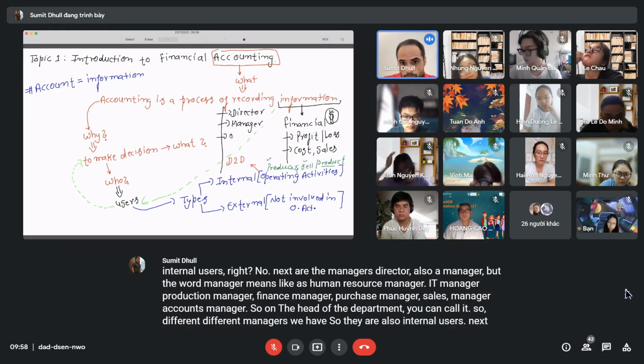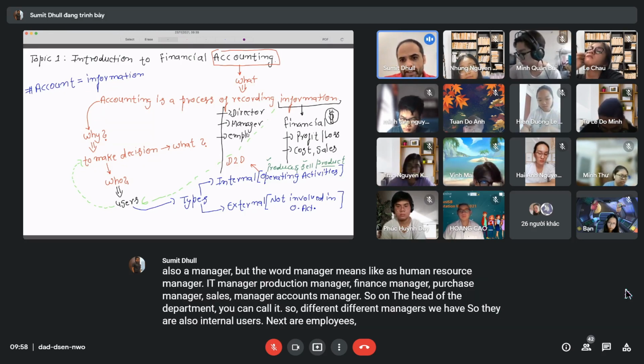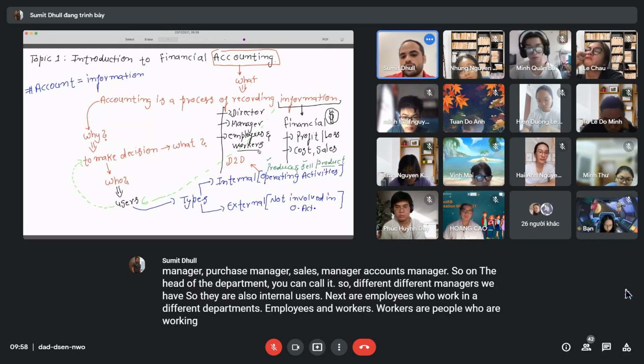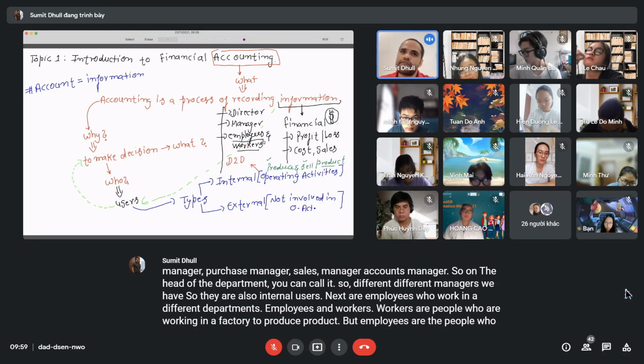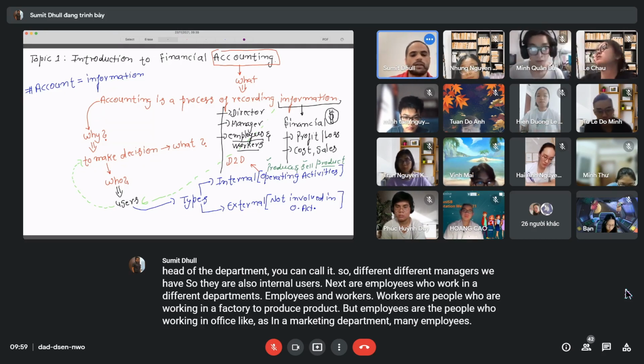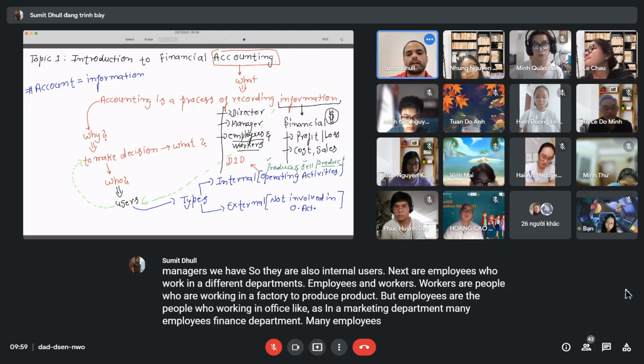Next are employees who work in different departments. Employees and workers. Workers are people who work in a factory to produce product. But employees are the people who work in an office, like in a marketing department, many employees, finance department, many employees, production department, many employees.